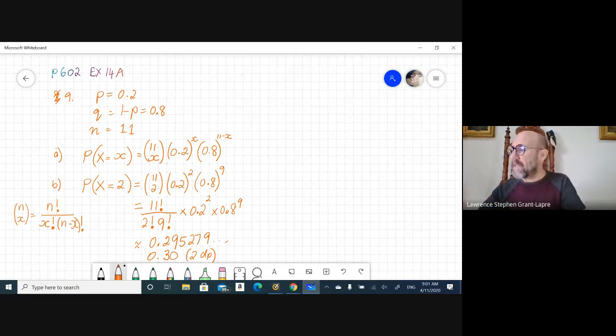Okay, part B, part 2. Find the probability of no left-handers. So we want no successes. So that is 11C0. No successes is 0.2 to the power of 0, and 11 failures is 0.8 to the power of 11.